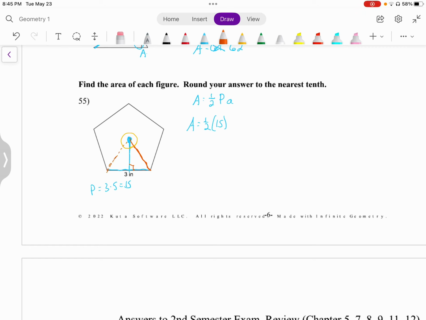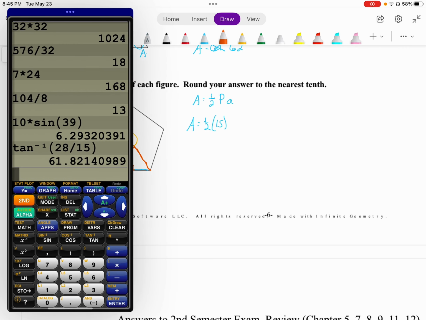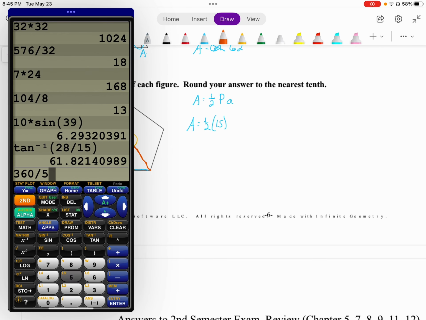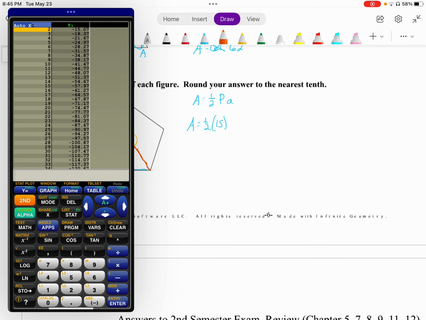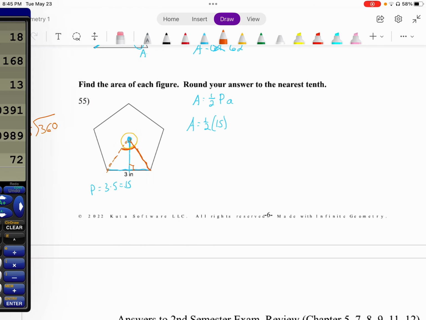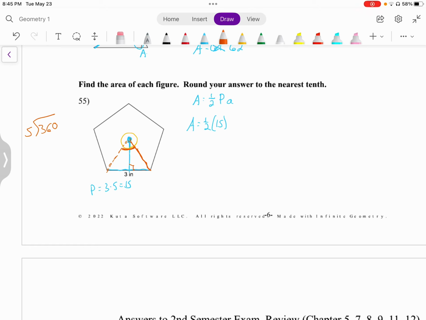If we had this triangle here, like the dotted orange to the solid orange, that would be the 360 divided by 5. But there's 5 of those equal triangles. 360 divided by 5, 72. So that's 72, but we don't want that whole thing. We just want this part.